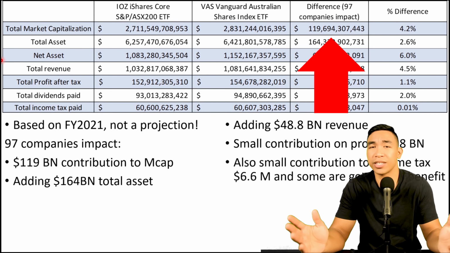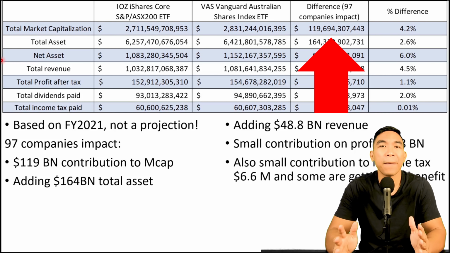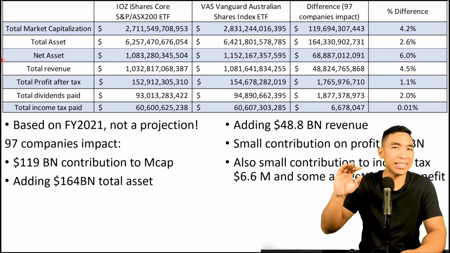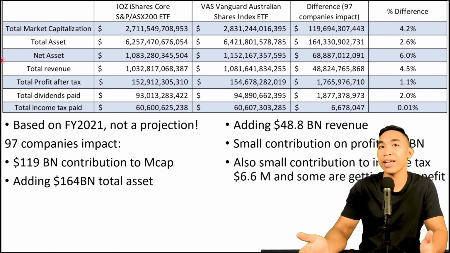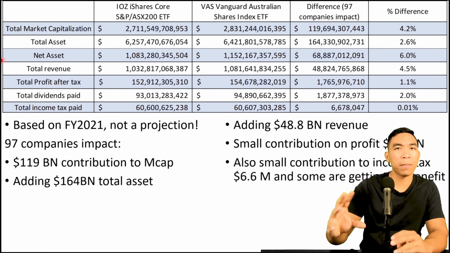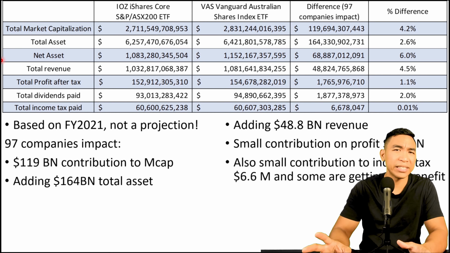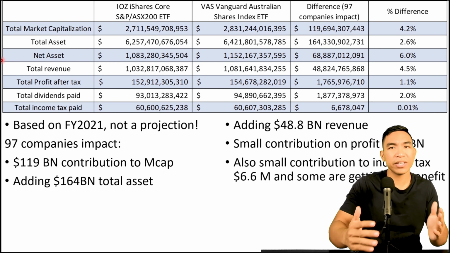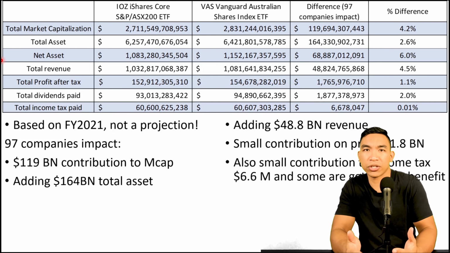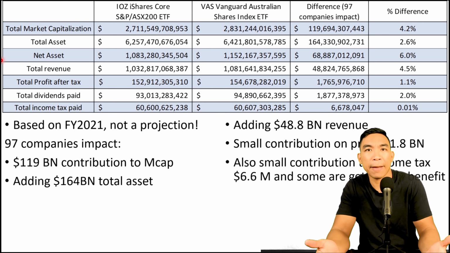So the difference is about $119 billion. So the 97 additional companies included in Vanguard VAS add about $119 billion in market capitalization, which is not much, but still significant.